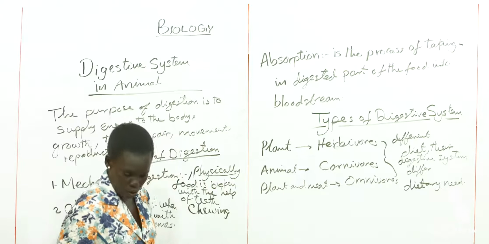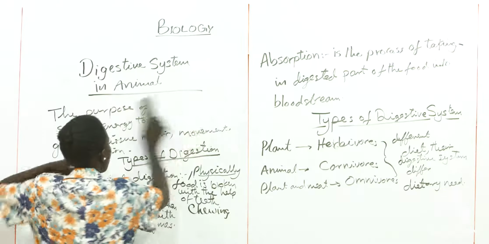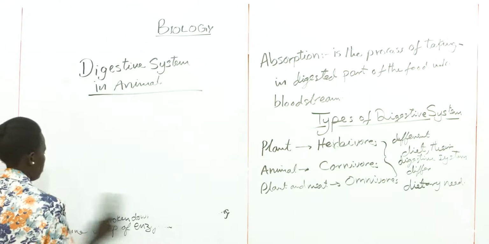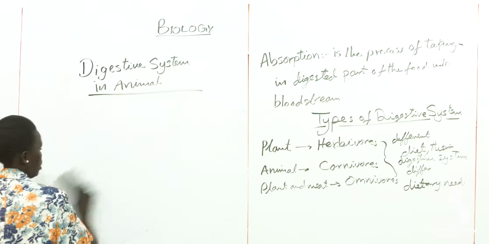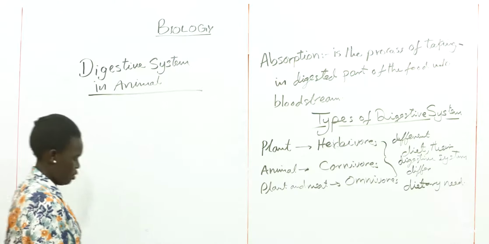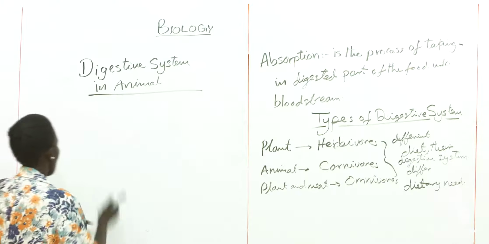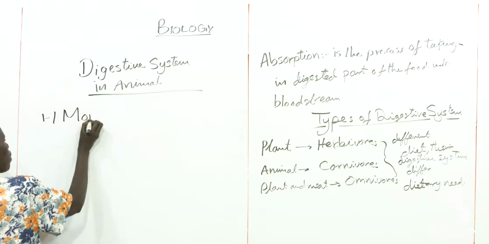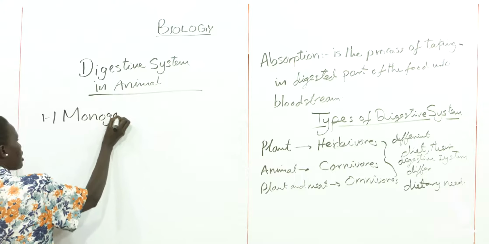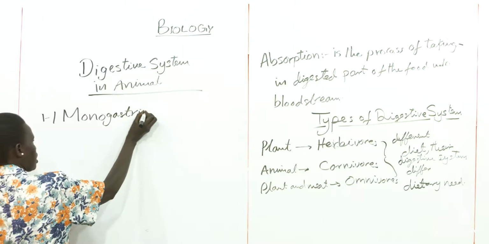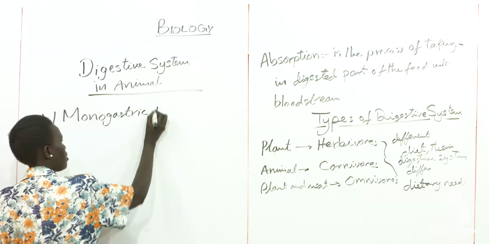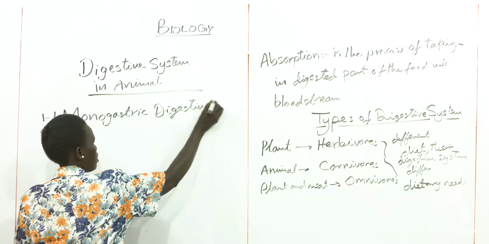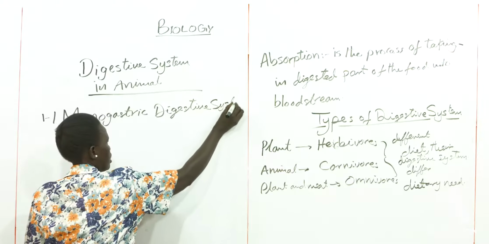So let us look at these types. There are four types of digestive system. One is the monogastric digestive system.